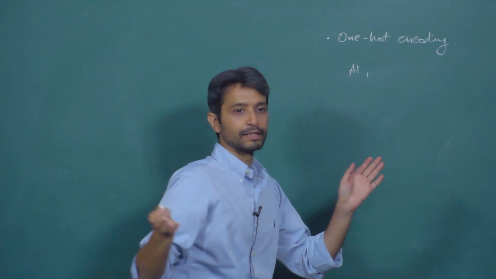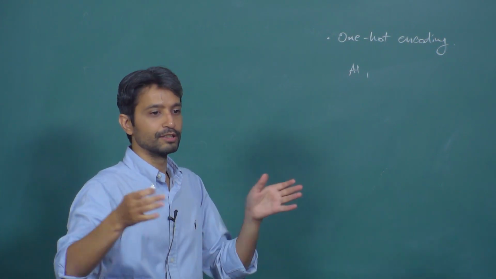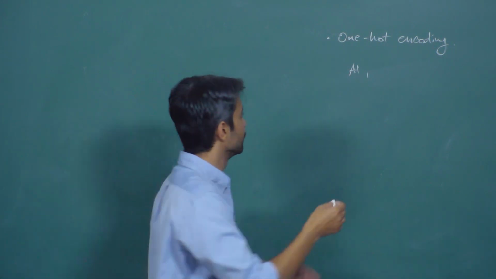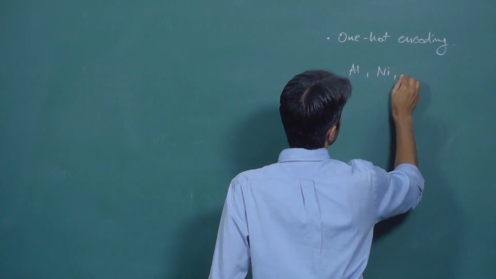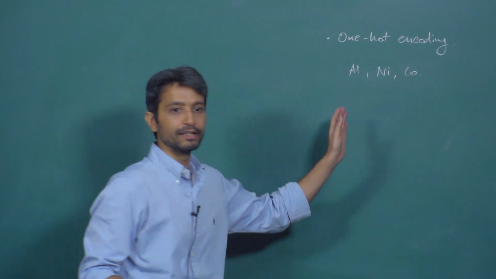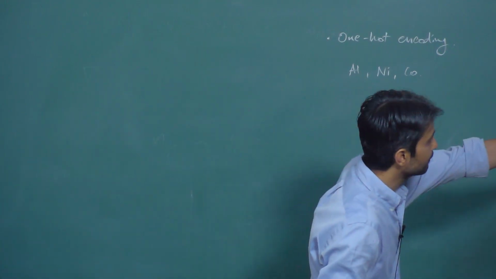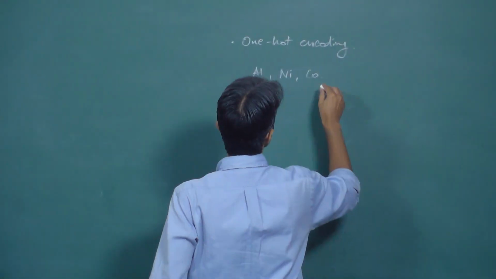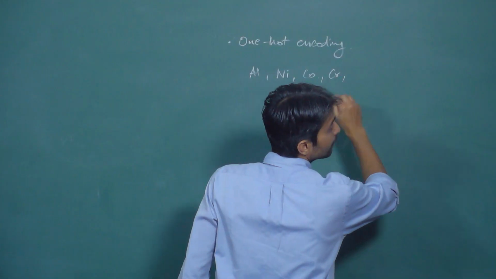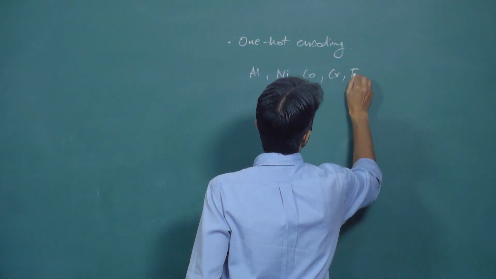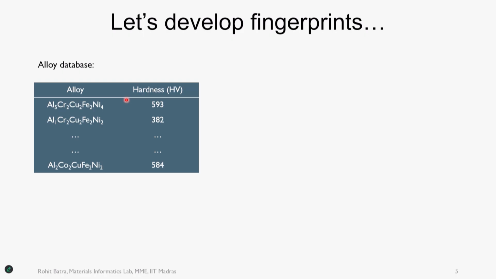Say I'm talking about only 10 elements, mostly the 3D transition elements. So aluminum, nickel, cobalt, something like this. And I simply record. So for example, let me take aluminum, chromium, iron. What else? Did I miss anything? Copper.